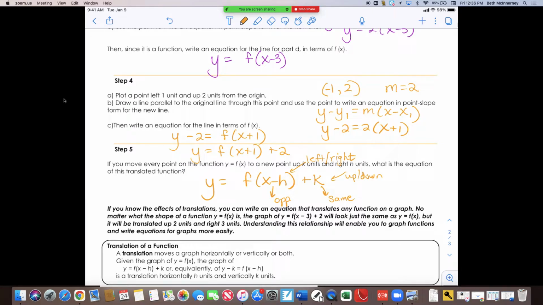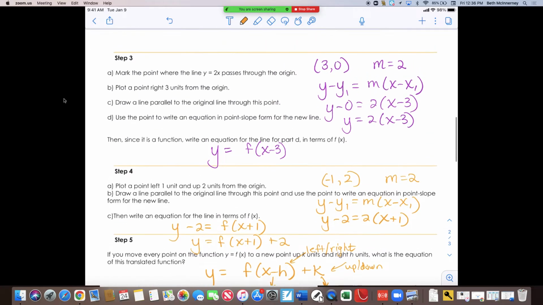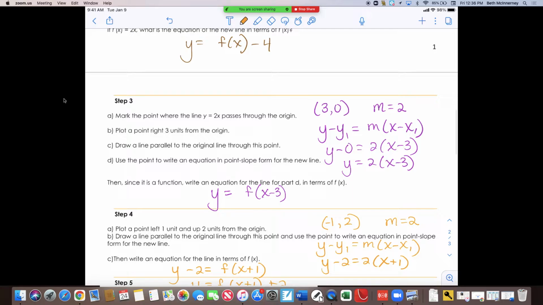So I'm going to go nice and slowly here. I'm going to go back through before we move on. Because I want you to understand, if we take these notes and the notes don't make sense, then they're not helpful to us. So let me go back up here. Do you remember how I said, let's move the point right 3 units?